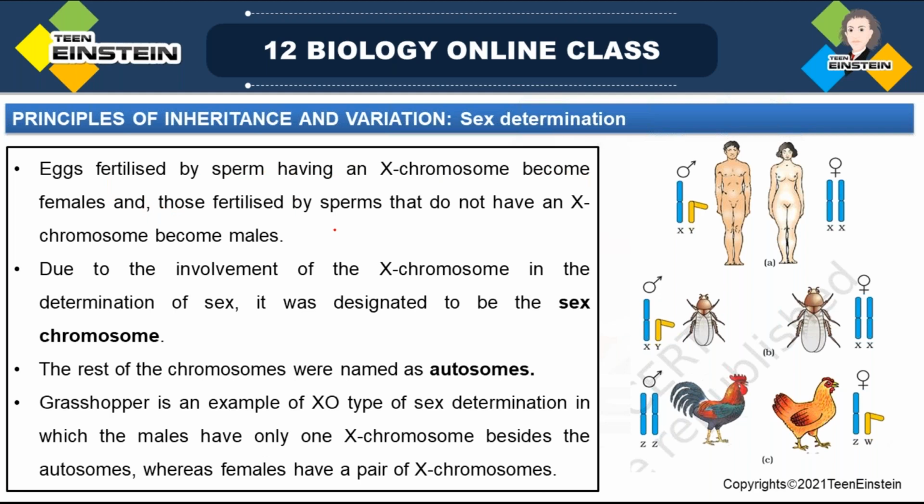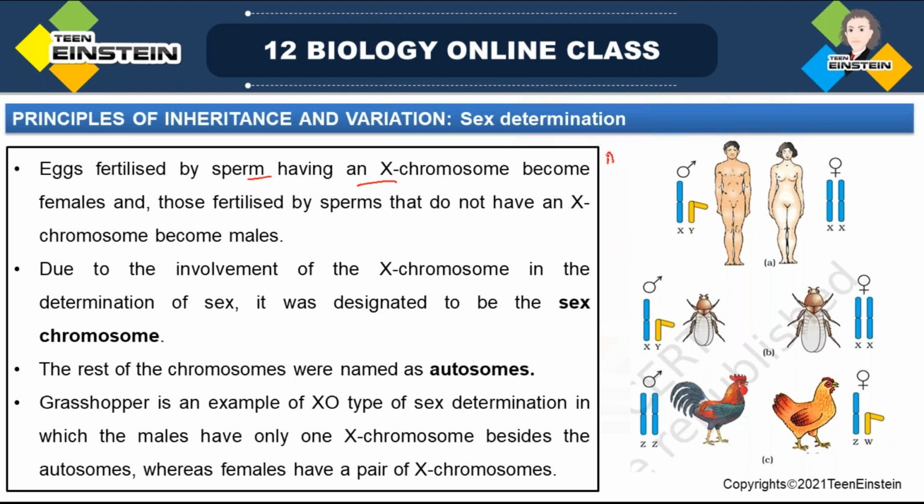Here, just see how the sex gets determined. Eggs fertilized by a sperm having an X chromosome become female, and those fertilized by sperm that do not have an X chromosome become male.